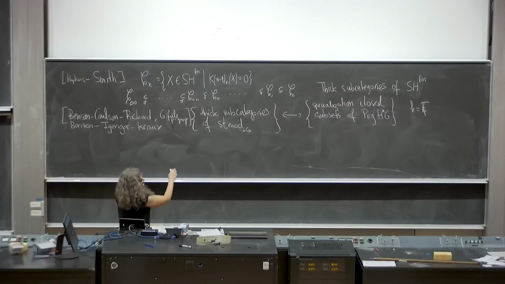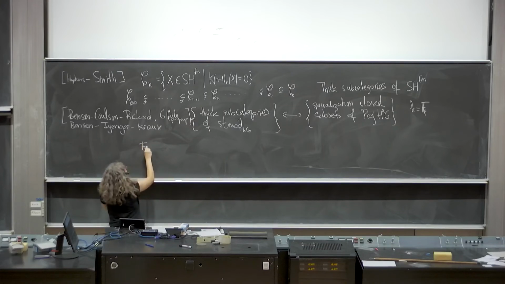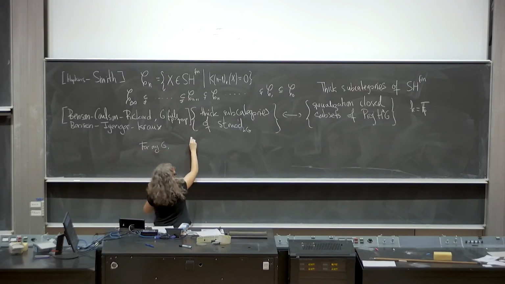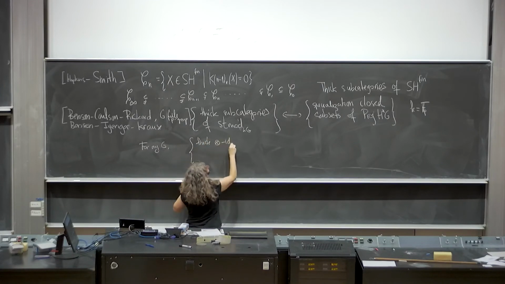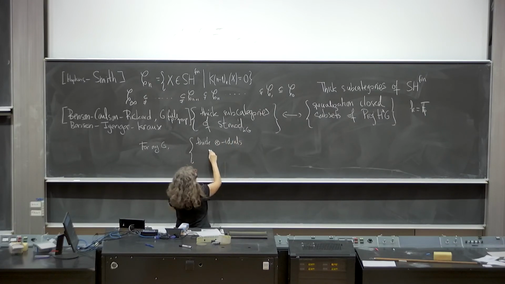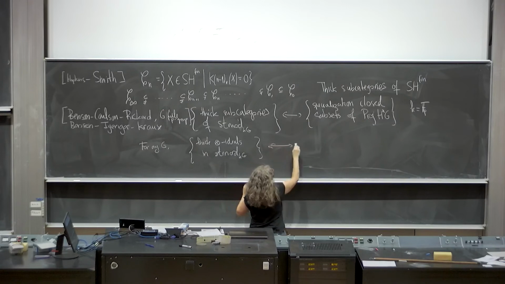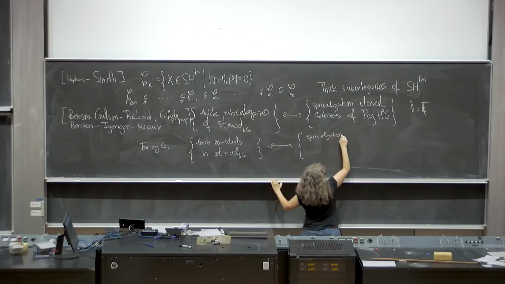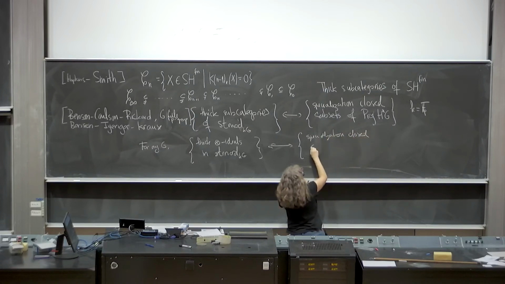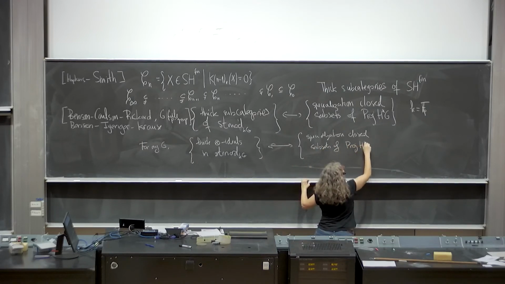Here I said G is a finite p-group, and I wrote thick subcategories. For any G, what happens is that you have to add thick tensor ideals in KG, with specialization closed subsets of Spc.